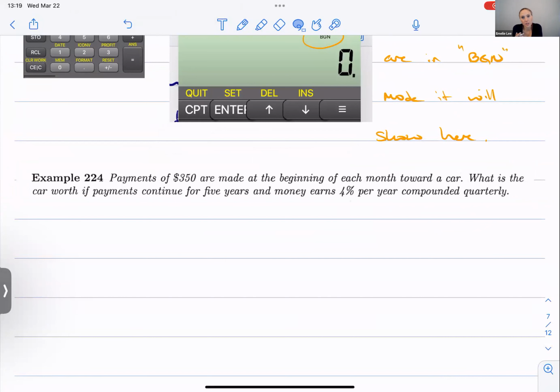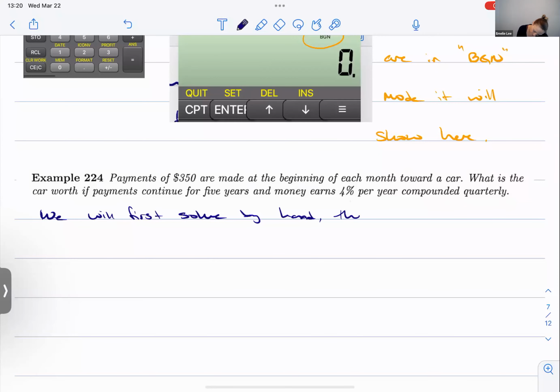Again, I'm first going to solve it by hand, then I'm going to solve it using the calculator.